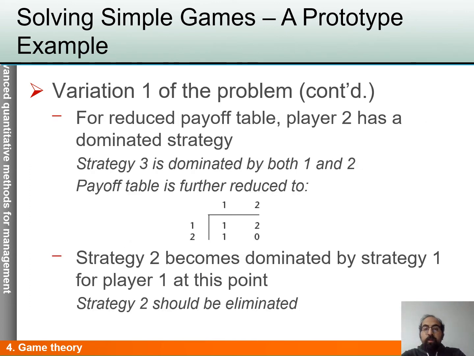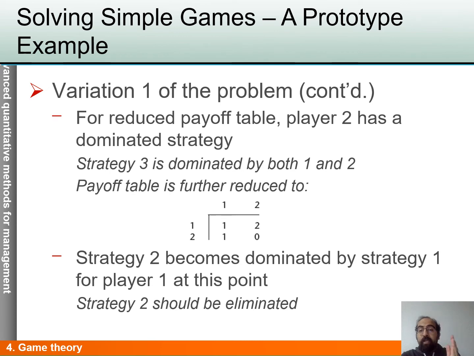Again, continuing with dominant strategies, this time for player 2, as we reviewed before, as you see here, strategy 3 is a worse strategy in comparison with 1. So strategy 3 is dominated by both 1 and 2. Okay? Although we make the comparison between 1 and 3, both 1 and 2 are better than 3.